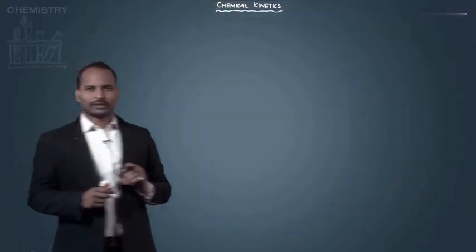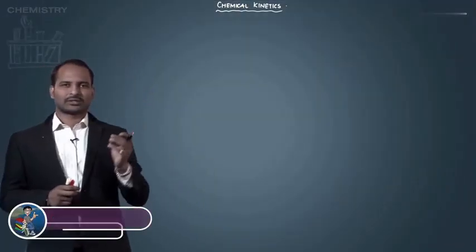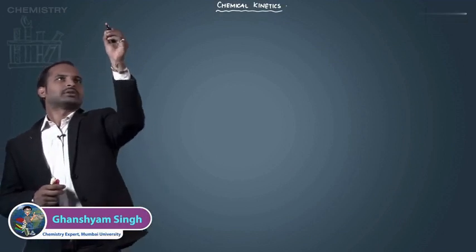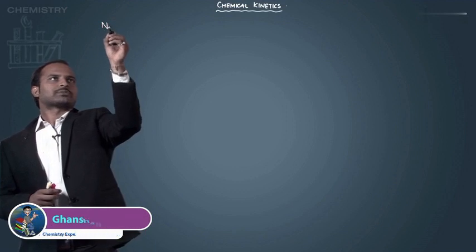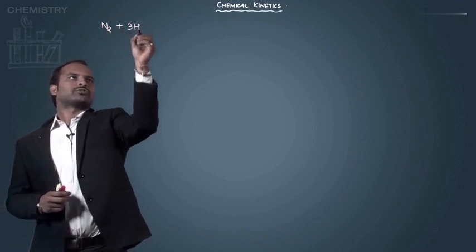Now let's solve some numericals based on this rate of reaction. The numerical which is asked in JEE Main or Advanced exam. The reaction is same. Suppose I am considering N2 plus 3H2 gives 2 moles of ammonia.